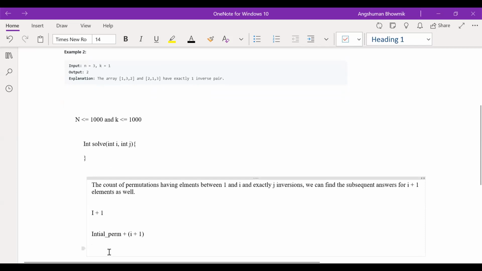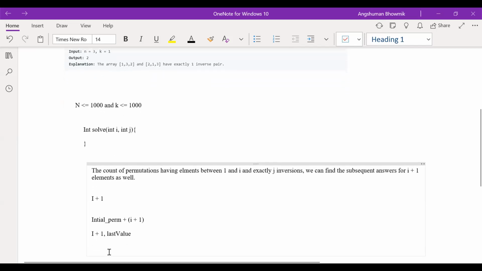Or we can place the I plus 1th element just at the second last index. This was this, and this was the last value. Or maybe place it in the third last index, then the second last value, and the last value. Similarly, till the beginning of the array.